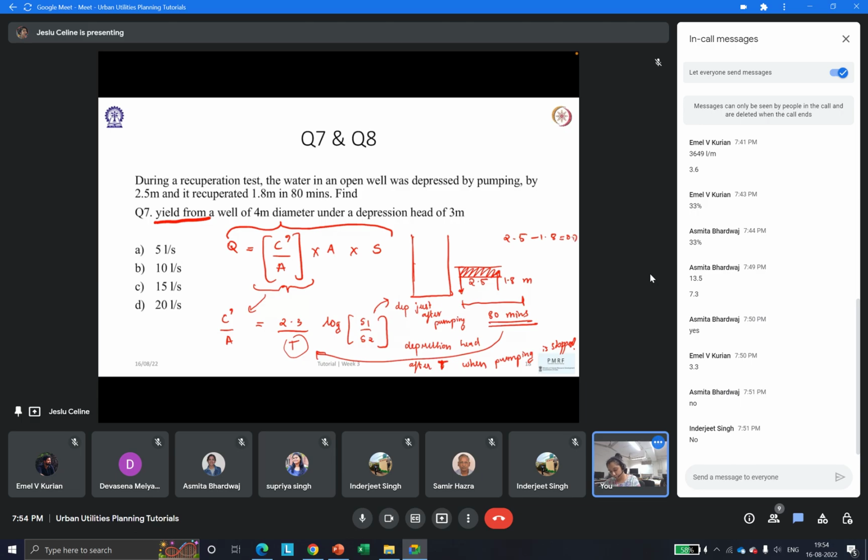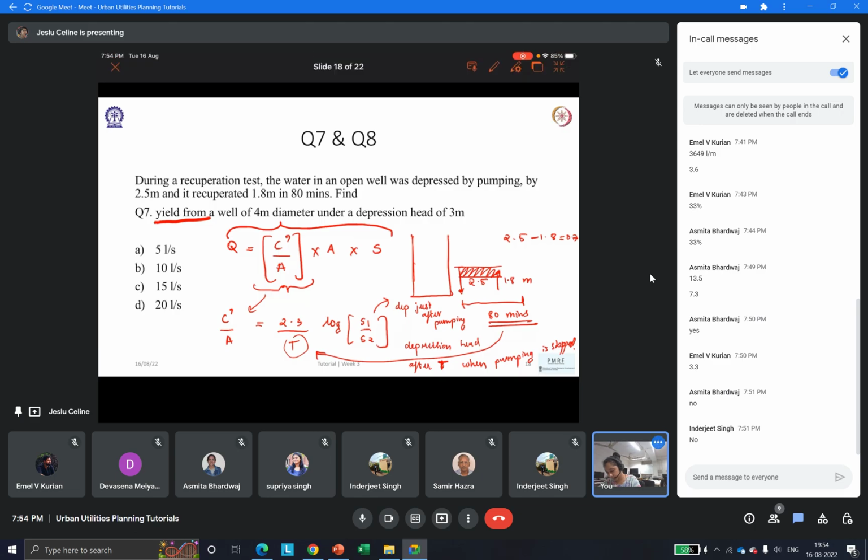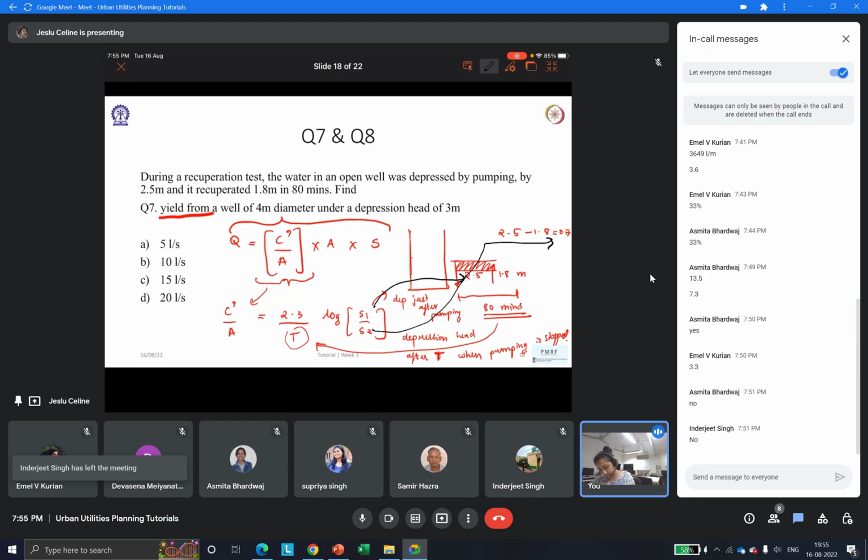That is our S2. I'll just use a different color so that it's clear. So this is our S1, this is our S2, and the duration is 80.